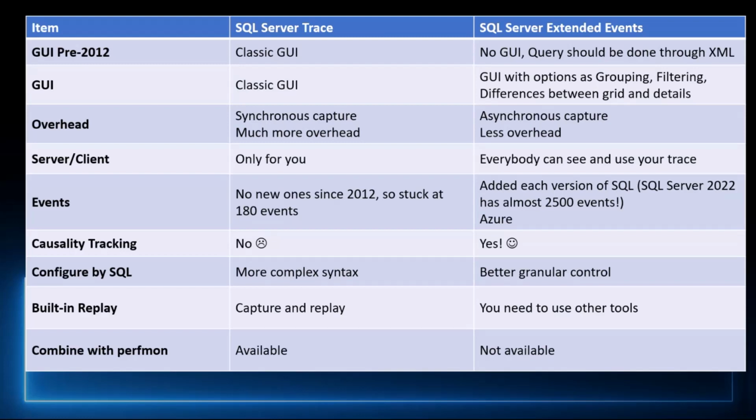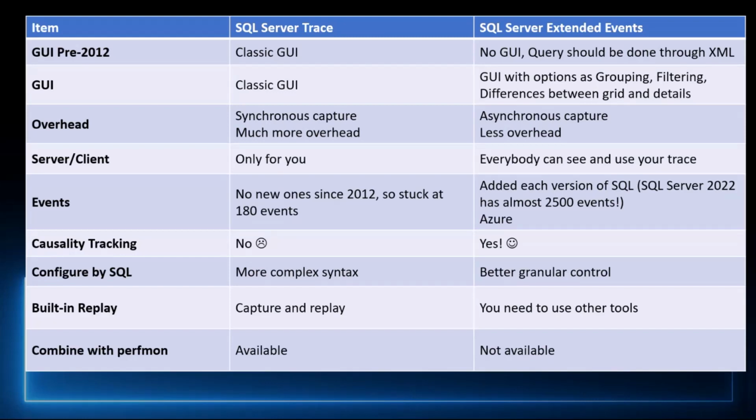A cool feature also is causality tracking. Causality tracking can be used to combine your data. For example, you have a stored procedure with different statements in it. You can relate those to each other. I will show more of that in a bit. This isn't possible in Profiler.